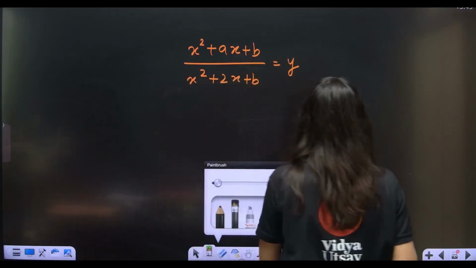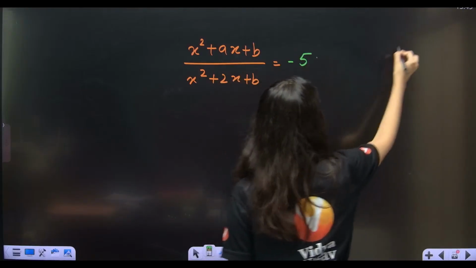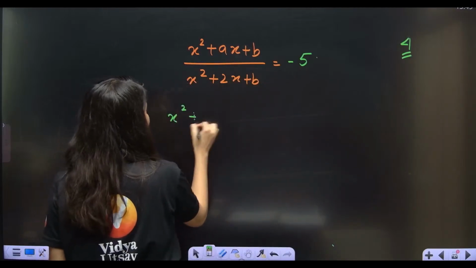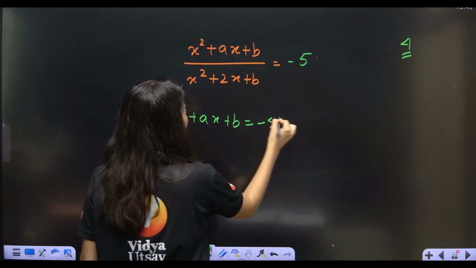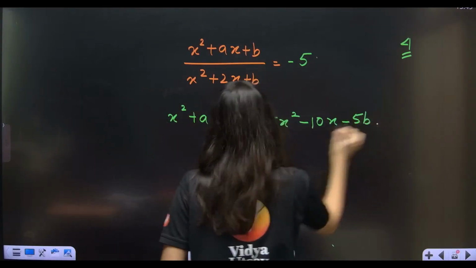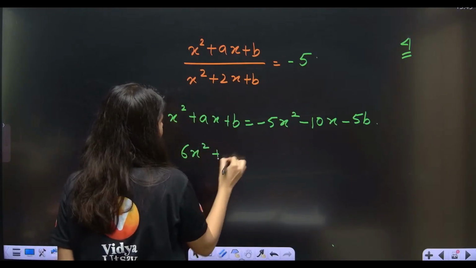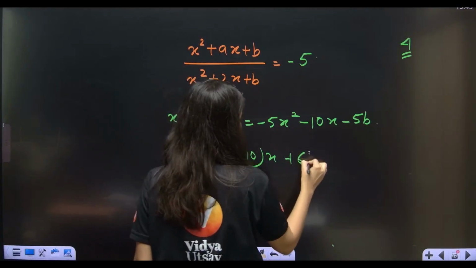So what I'm going to do is equate minus 5 first and 4 the next time, because two variables are there. So x square plus ax plus b is equal to minus 5x square minus 10x minus 5b. So now this is 6x square plus a plus 10 x plus 6b is equal to 0.